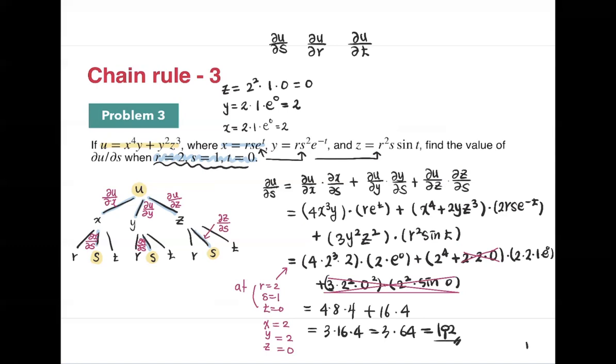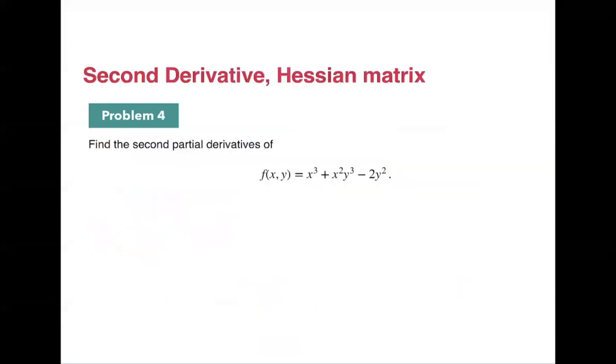Yes, so we calculated it using the chain rule in the more general case. Okay, you can generalize the chain rule even if there are more variables, like n variables. You can do that. Okay, let's think about the second derivative.